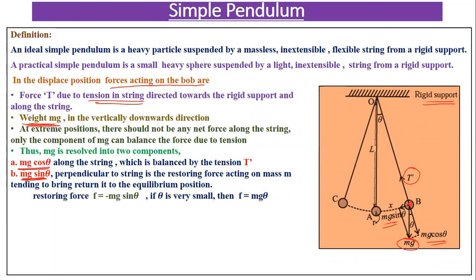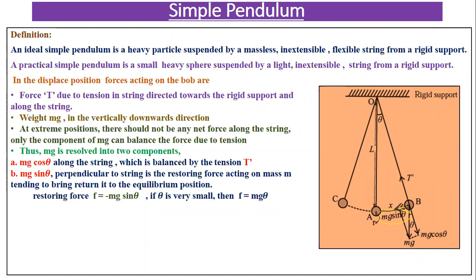Now you can see the diagram very carefully. This mg sin theta pulls the bob towards its mean position. You can see here this is the direction of the component mg sin theta.